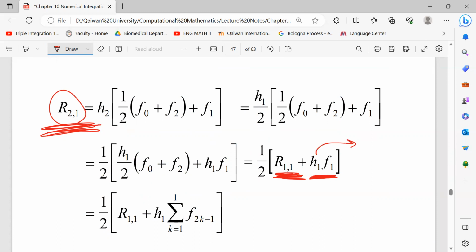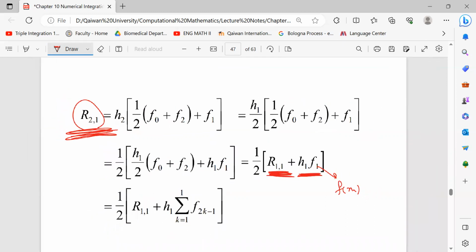It is the length from A to B. F1 is F of X1. This is for R21. But be careful, this F1 is not the same as the previous one.